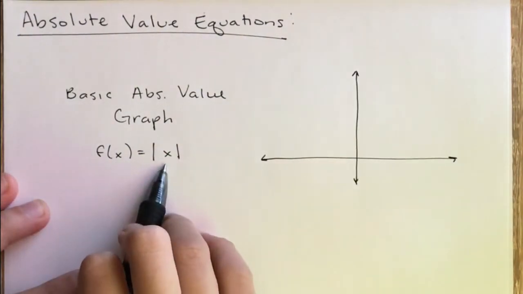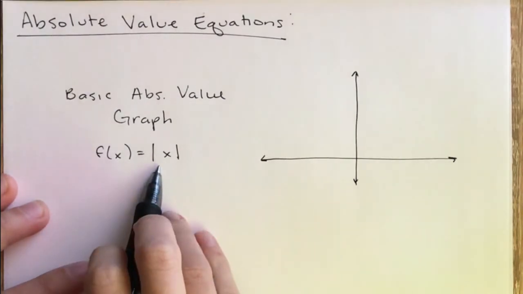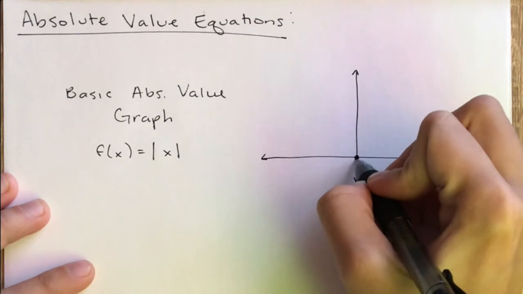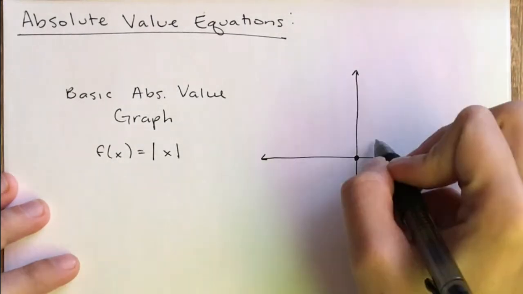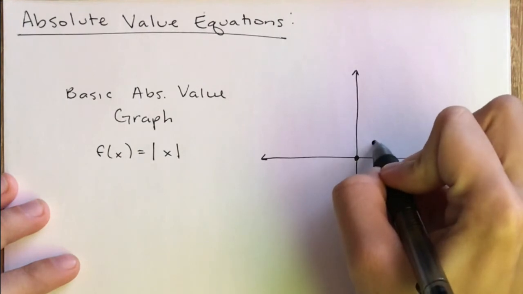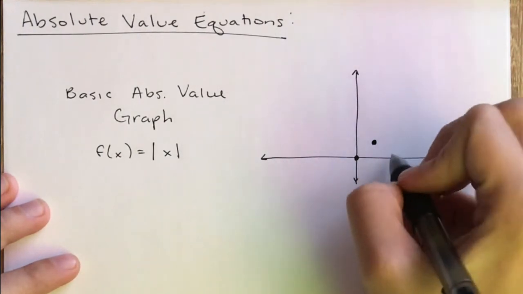What is the absolute value of 0? Let's start there. Well, absolute value of 0 is 0. Absolute value of 1, well, again, if something's positive, it just spits it right back out. So absolute value of 1 is 1. Same thing with 2.